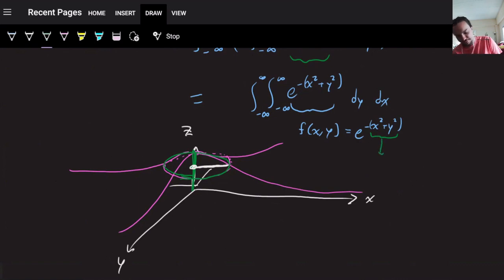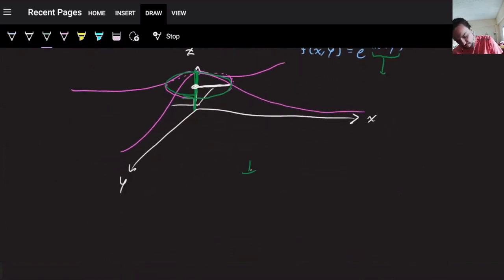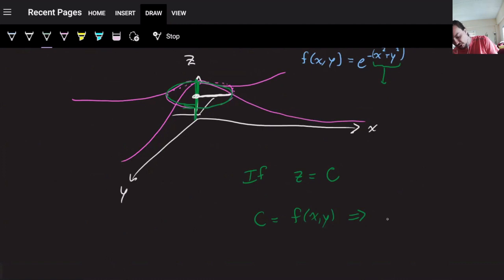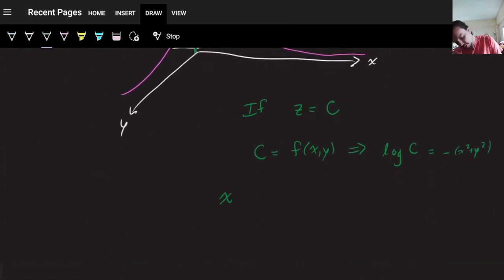So if z is equal to some constant c, then c equals f of xy implies, if we're just looking at a cross-section along the z-axis, then we get that c equals f of xy implies that the log of c, and here I'm just going to write log for natural log, okay? The log of c is equal to minus x squared plus y squared, which says that x squared plus y squared equals minus log c.